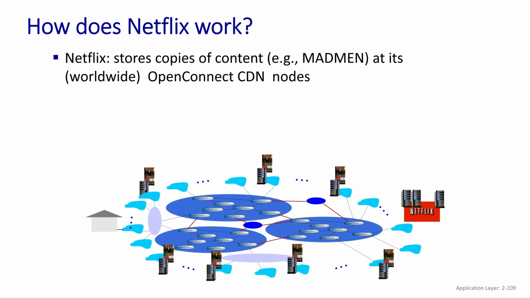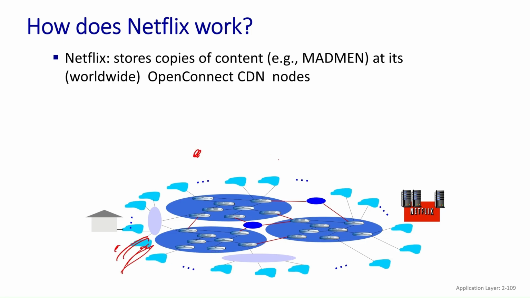So here are different locations. Remember this diagram. This represents the access ISPs, regional ISPs, internet exchange points and tier one ISPs.